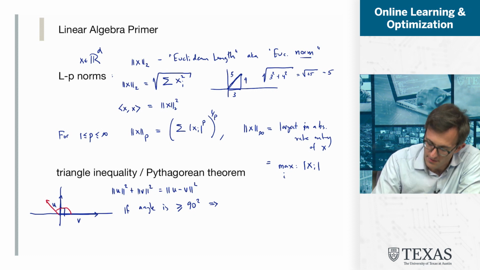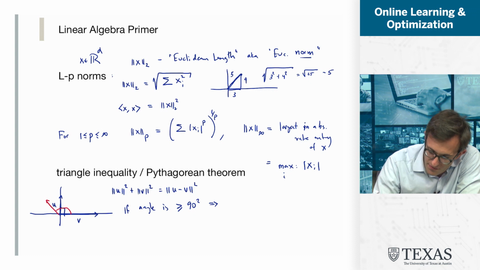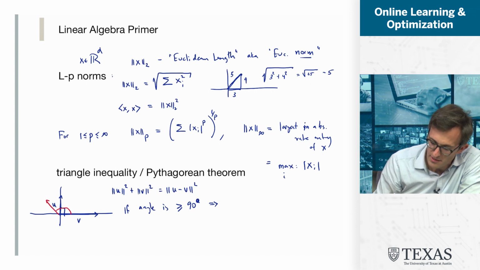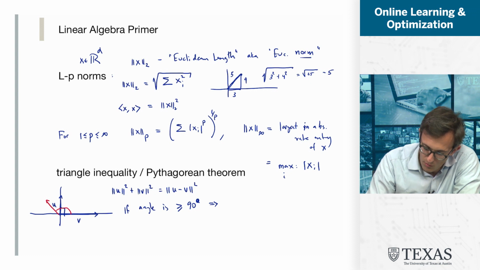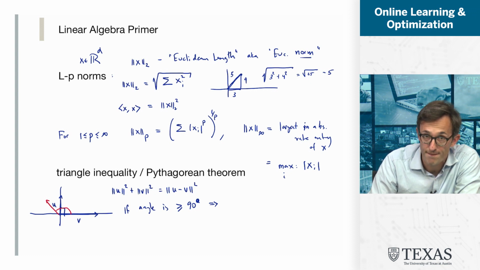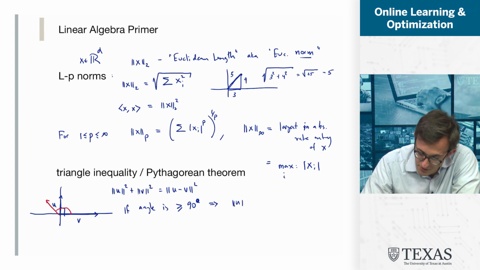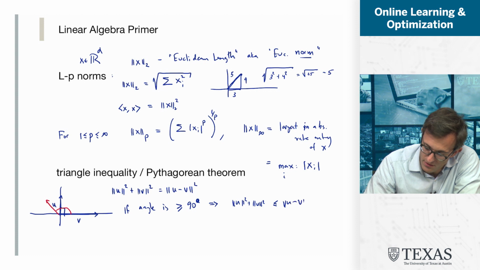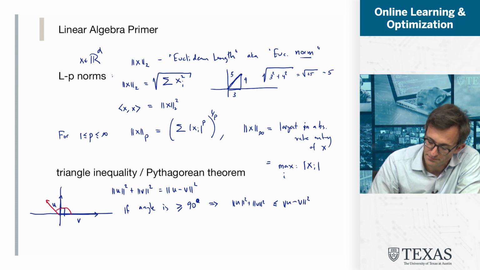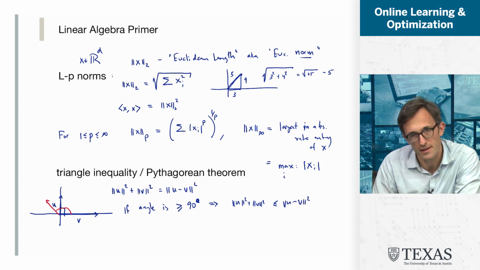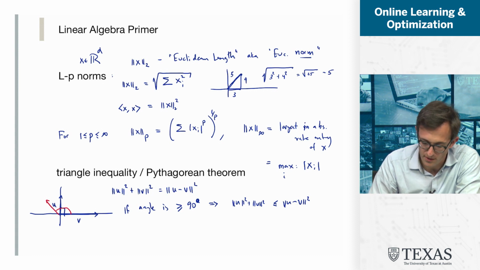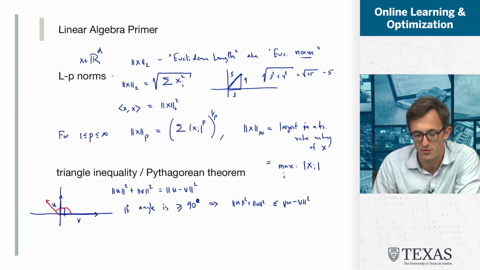And we can see that if the angle is bigger than 90 degrees, then what happens to this inequality? Which side gets bigger? Well, you can see. The hypotenuse here is going to be stretched out. So it's the right-hand side that's getting bigger. And the norm of u squared plus the norm of v squared will be less than the norm of u minus v squared. And of course, if the angle is less than 90 degrees, then the reverse happens. So these are generalizations of the Pythagorean theorem.